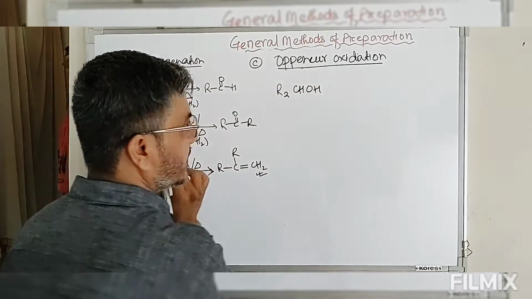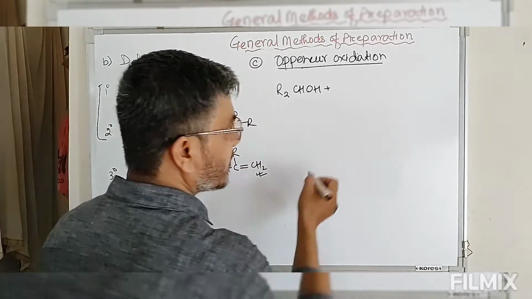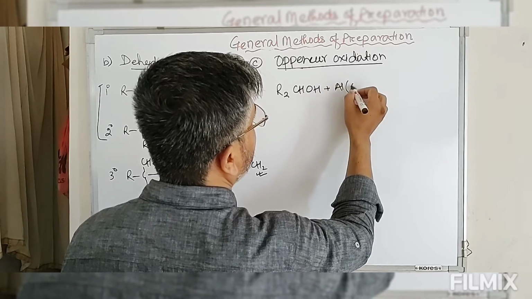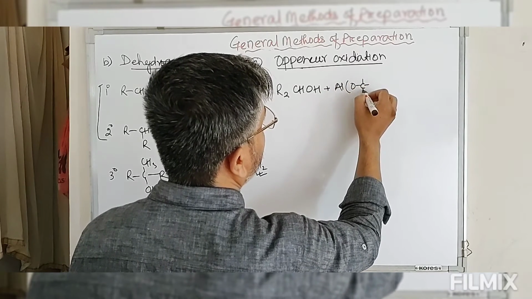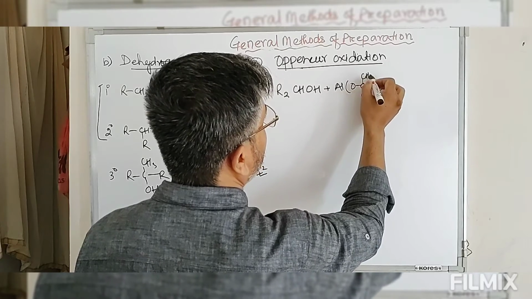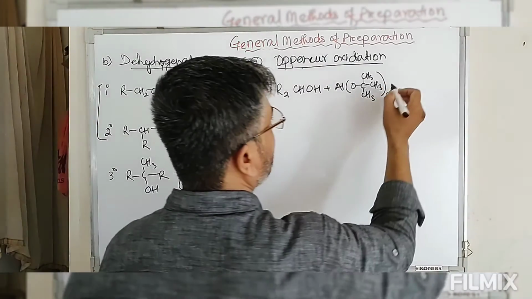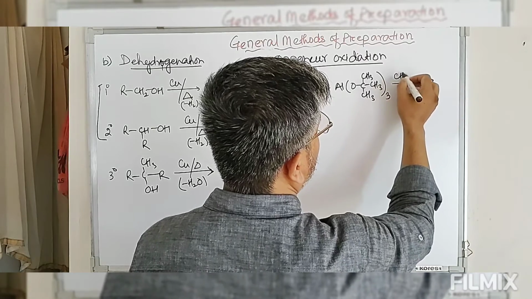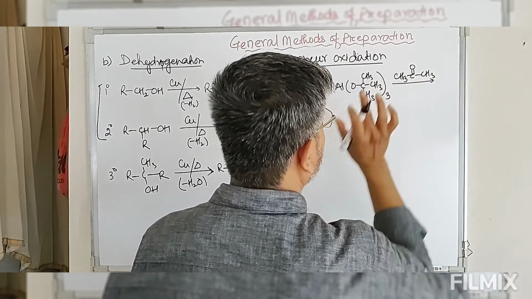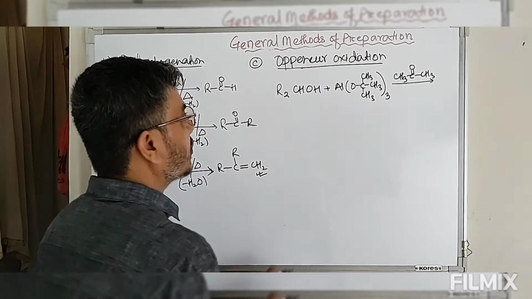This secondary alcohol is made to react with aluminum tertiary butoxide in presence of acetone. A reaction of secondary alcohols with aluminum tertiary butoxide in presence of acetone.